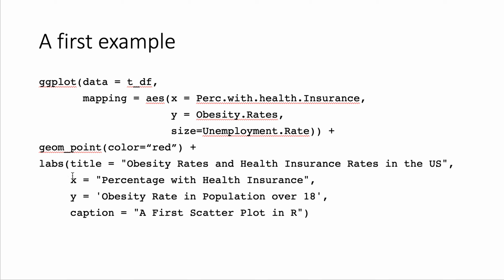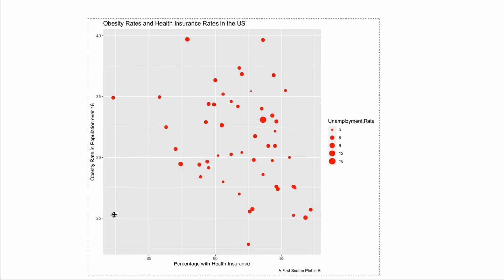Note that this y and x have nothing to do with the aesthetic here. This y and x tell me what should appear on the x-axis and the y-axis in the chart that I'm creating. So this would result in something like this. So here's the title, here is the y, here's the x, and here's the caption.